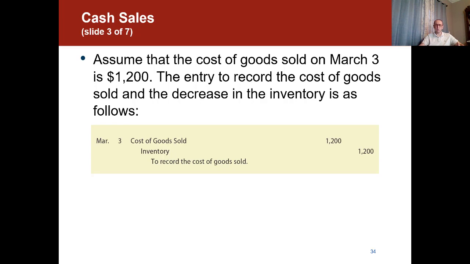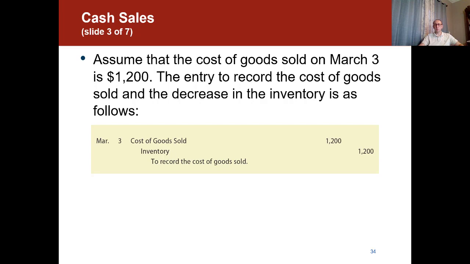So in the first journal entry, we recorded the sales, which is based on the selling price, and then the second journal entry would be recording the cost of goods sold, which is based on the cost of the items that we sold. So in this case, assume that the cost of the goods sold on March 3rd is $1,200. And remember, we sold it for $1,800. And that's pretty normal. Most businesses would buy something at a lower cost than their selling price.